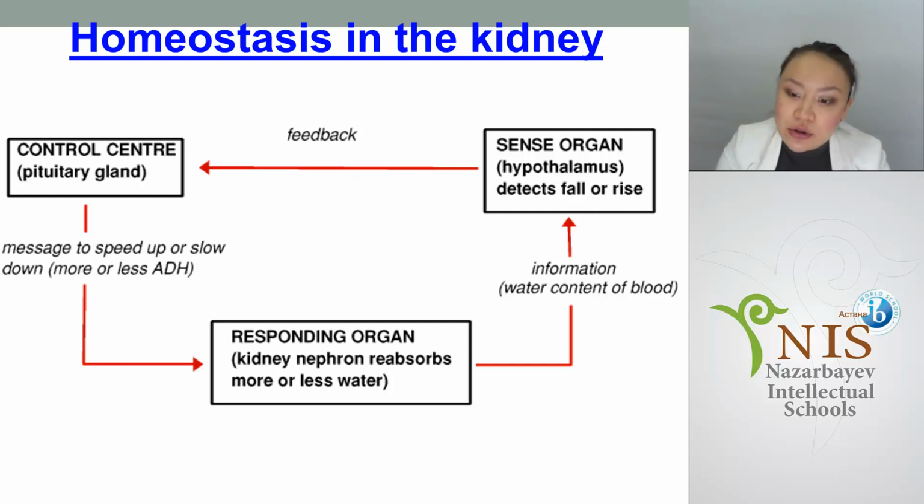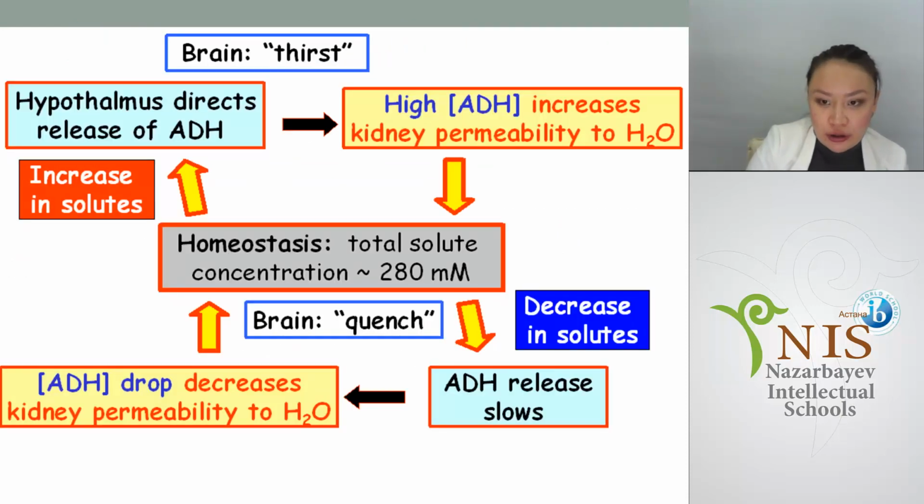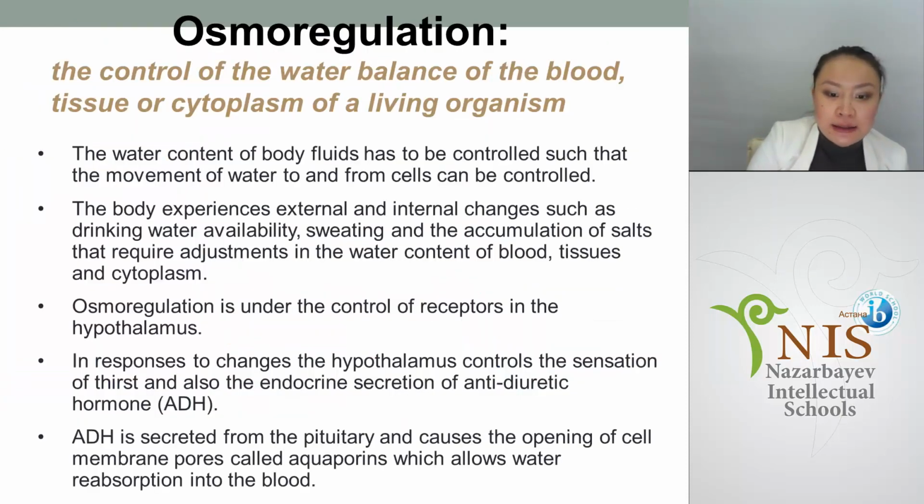The hypothalamus detects a fall or rise of the water content in blood, and it goes into the control center, the pituitary gland, and that gland will give a message to release more or less ADH, and by that control reabsorption of more or less water. And this is how it works.